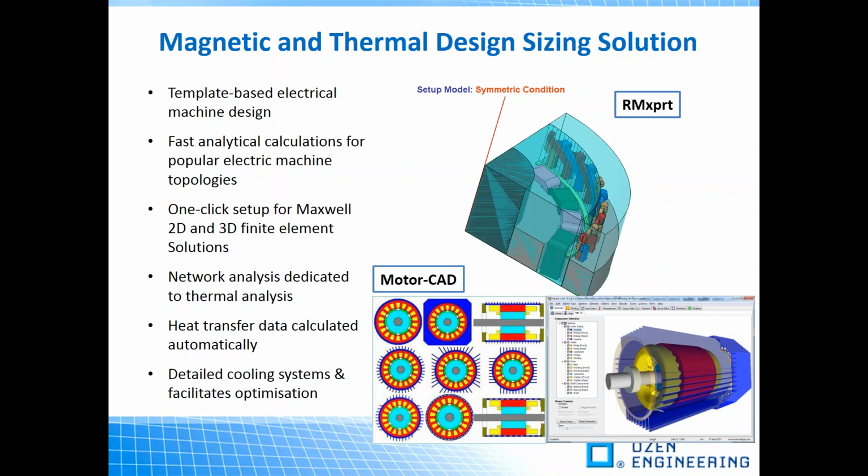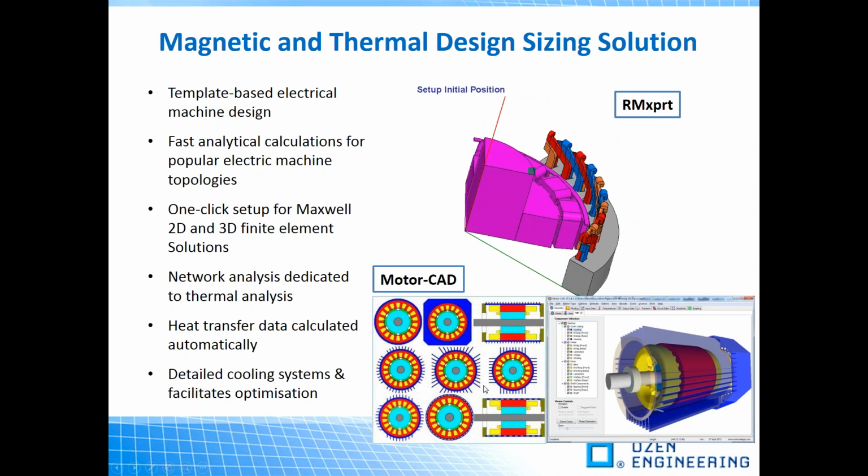It automatically generates the 3D model from the RM Expert design, and also you have an option to do the heat transfer or thermal analysis, and you have some options in Motor-CAD for cooling systems.